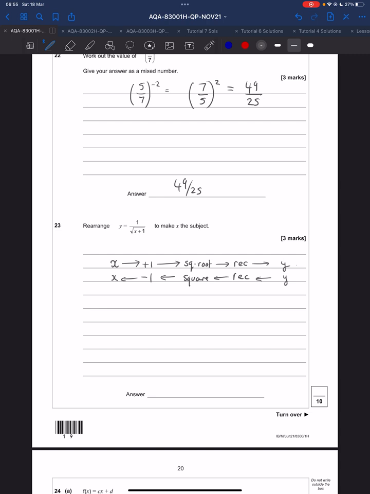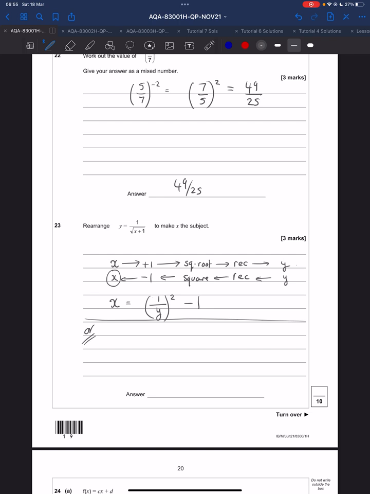So to make x the subject, we start with y, take the reciprocal, then square it, then take away 1, and out comes x. That's one way of doing it.